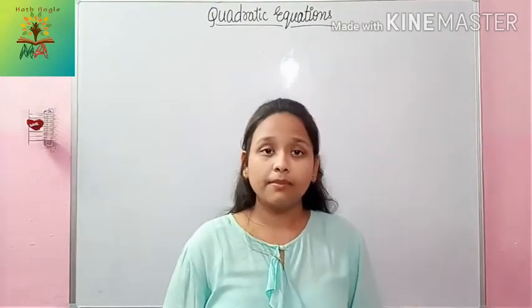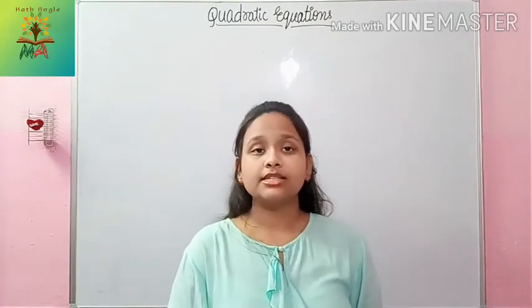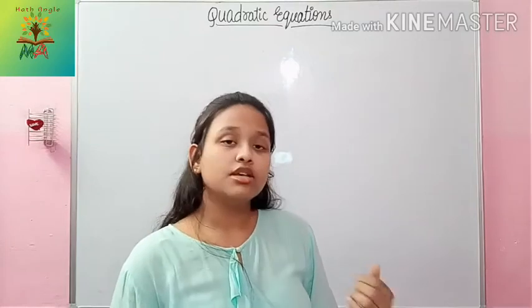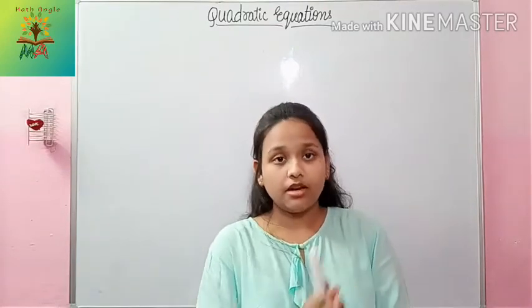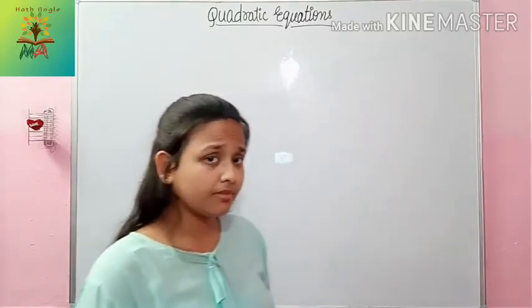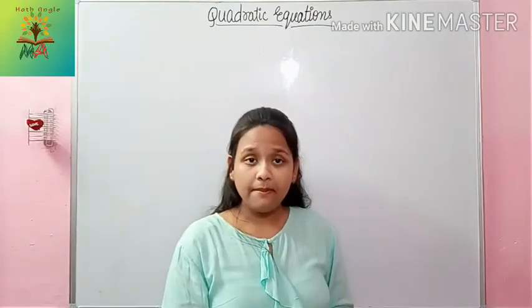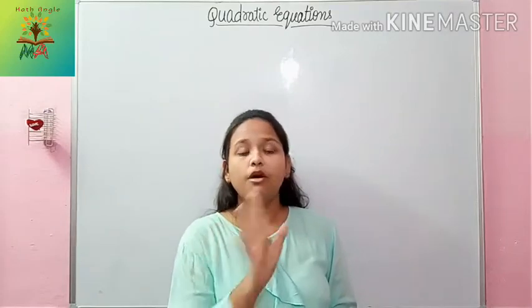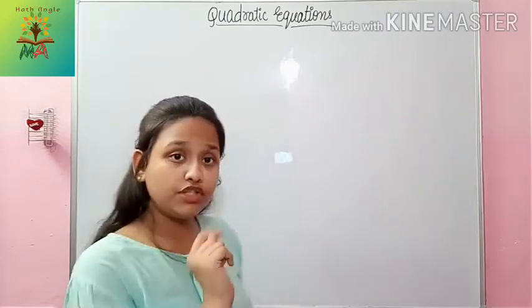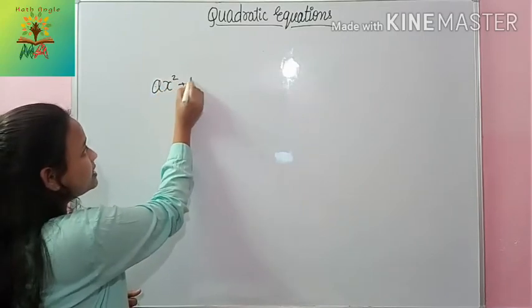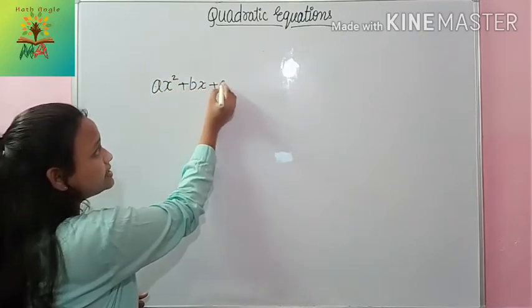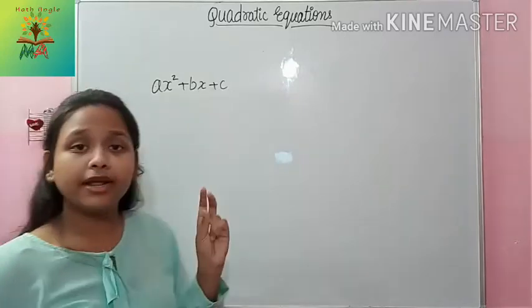Now since we are going to discuss quadratic equations, we will equate that polynomial with 0 to get a quadratic equation. I hope you remember the standard form of a quadratic polynomial, which was ax square plus bx plus c.